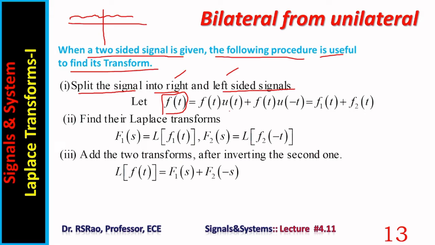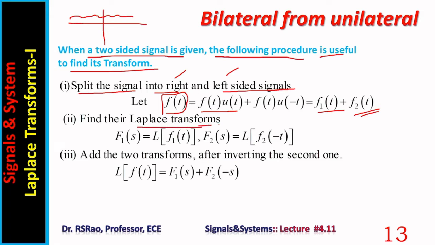F of t u of t, here u of t represents step function. F of t u of t is the right-sided part of the signal, and f of t u of minus t is the left-sided part of the signal. First one is designated as F1, second one is designated as F2. So F1 is right-sided, F2 is left-sided signal.